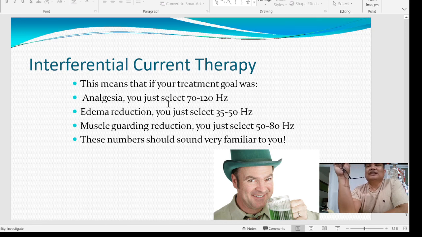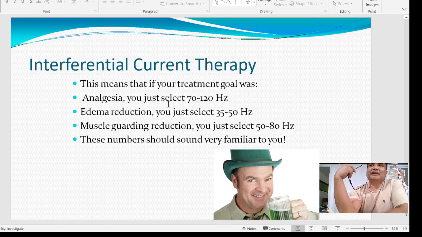You can control that, and you can change it to 70 to 120, or 35 to 50, or 50 to 80, depending on the patient's problem.